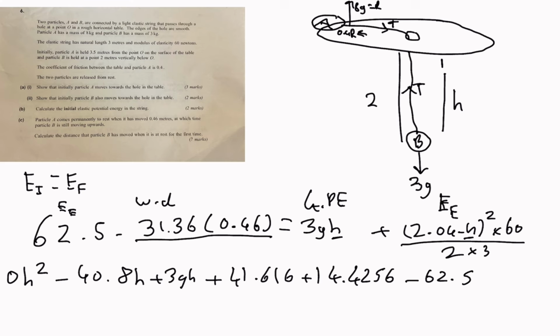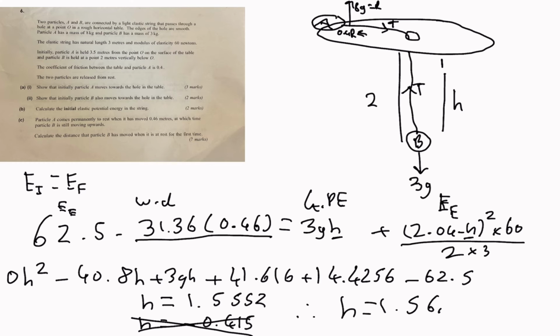If we put this into the polynomial solver in your calculator, you're going to find that h equals 1.5552, or h equals negative 0.415. Now we're going to reject that answer of negative 0.415, because the height won't be negative here, because it moves towards O. We know that already. So that means the height equals 1.56 meters.